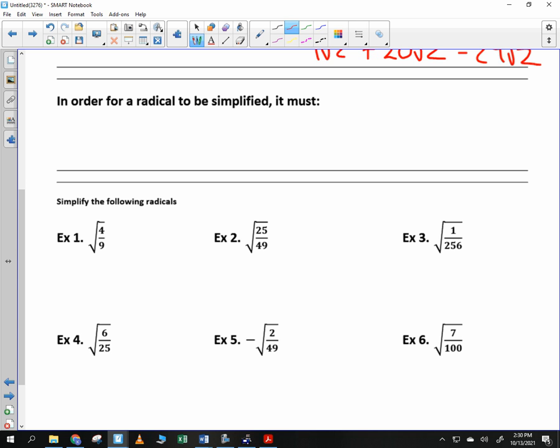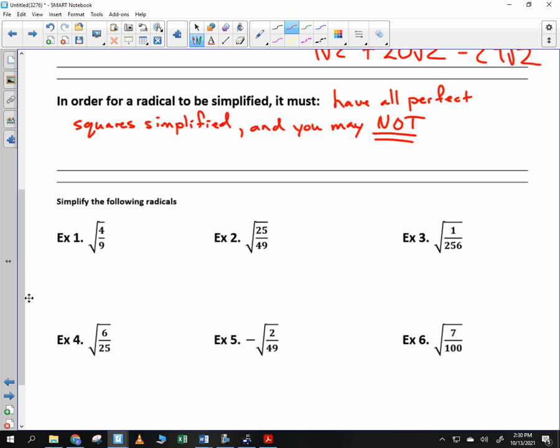In order for a radical to be simplified, it must have all perfect squares simplified, and you may not have a radical in the denominator. May not have a radical in the denominator.